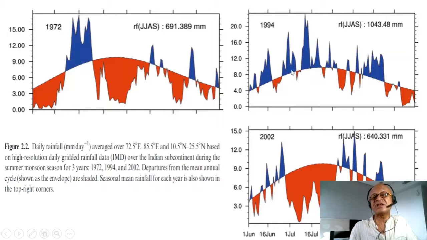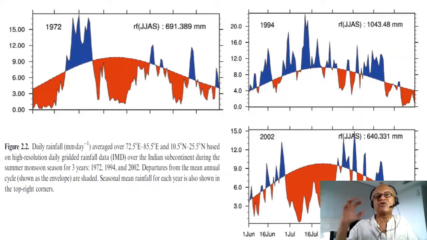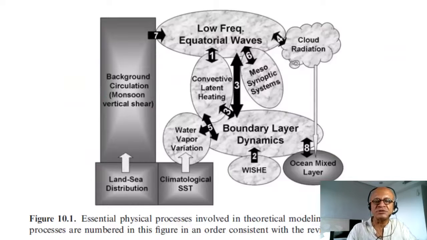And there are some statistical analyses which argue that drought years consist of more of the 30 to 60 day. But again, explaining that in terms of the internal variability of the monsoon generating droughts versus external forcing like the El Nino or the Atlantic Nino or the high latitude forcing, they have not been resolved in terms of how they impact the two frequency bands in the intraseasonal time scale. So those are still somewhat open questions, but still they are very interesting questions.